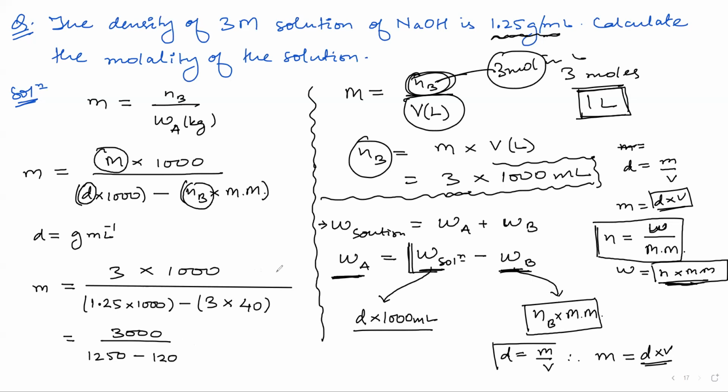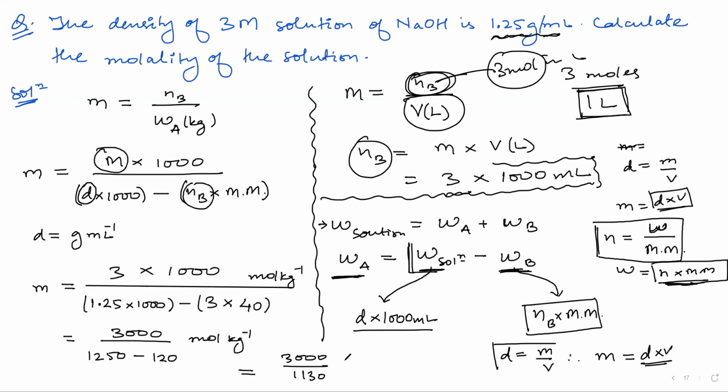So whatever answer you will be getting will be in mole per kg, so mole kg inverse. So this answer will be what? It will be 3000 divided by 1130. Correct? 1130. Right, guys?